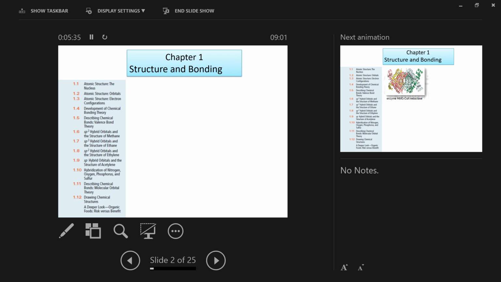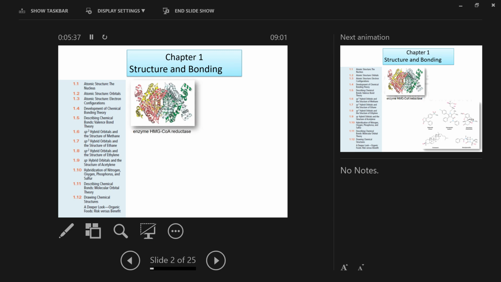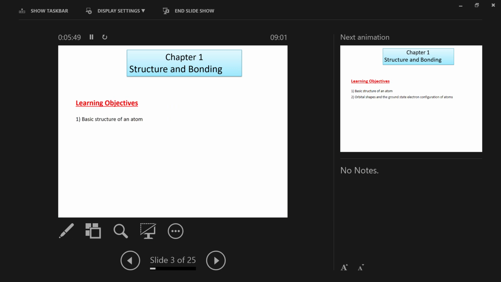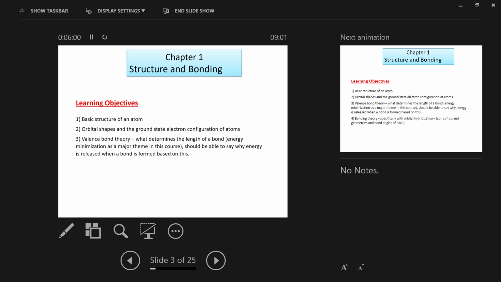Okay. Well, when we are talking about organic chemistry, it is very broad. We can have enzymes, we can have drugs. Okay, and the learning objective of this lecture is that we will know the basic structure of an atom, the orbital shapes and the ground state electron configuration of atoms, the valence bond theory, what determines the length of a bond, and energy minimization as a measure.